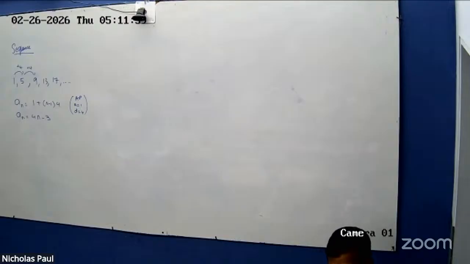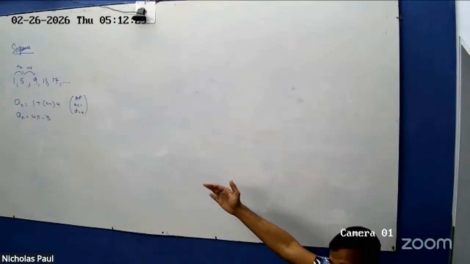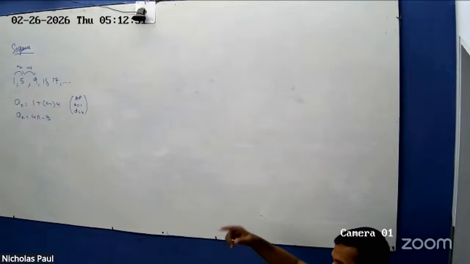Number one, divergent. Divergent means it is not going to tend to a value.